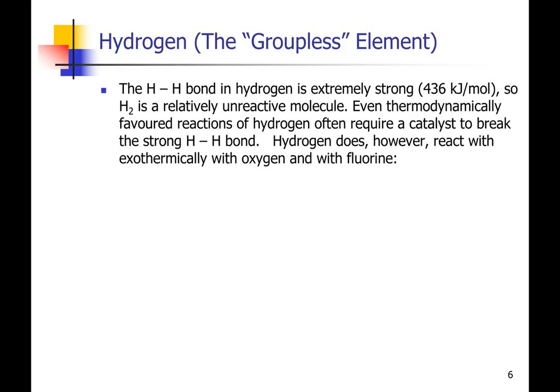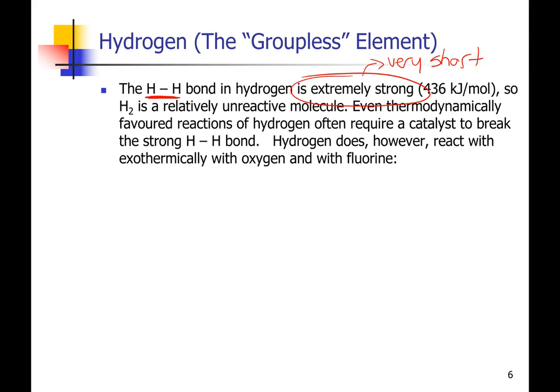Another thing that's really important to be aware of about hydrogen is that the hydrogen-hydrogen bond is very strong. The simple reason for this is that hydrogen atoms are tiny. And so that hydrogen-hydrogen bond is a very short bond compared to the vast majority of other single bonds.